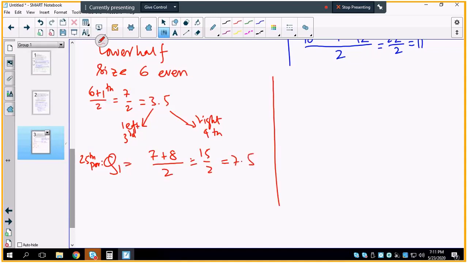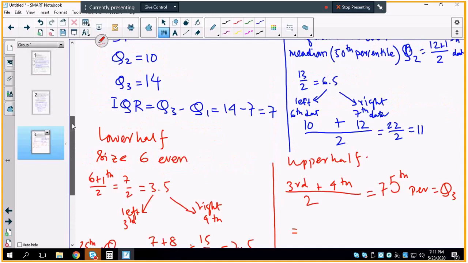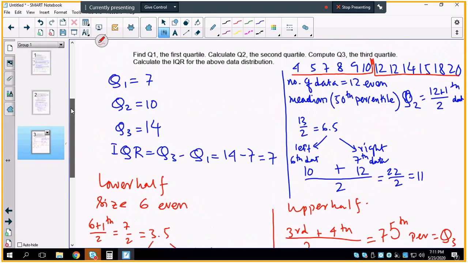Similarly, for the upper half, I don't have to repeat this work because it has the same sample size. So you look at the upper half and you find the third data and the fourth data and divide by 2, and this is going to be the 75th percentile, which is quartile 3. What is the third data in the upper half? That's going to be 14 and the fourth data is 15.